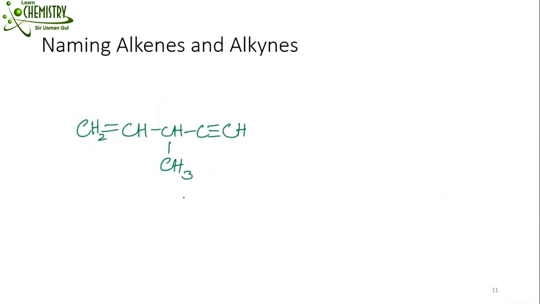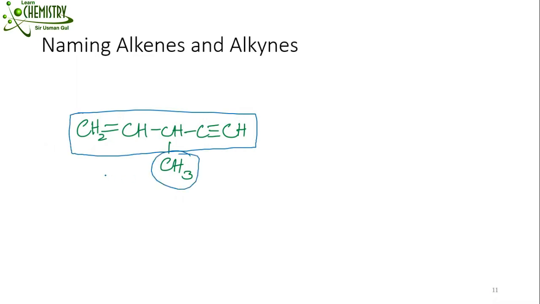Now in this example you can see the carbon carbon double bond is also there and the carbon carbon triple bond is also there. Remember that I will select the longest carbon chain which should include these two functional groups, and this will be the branch. Very interesting thing here is that if I start numbering from the left hand side, 1 2 3 4 5, I'm getting the double bond on carbon number 1 but the triple bond on carbon number 4.